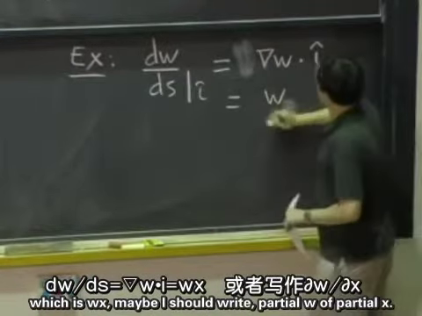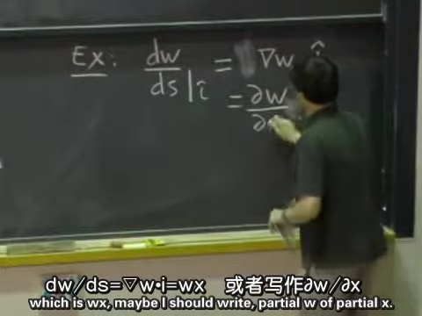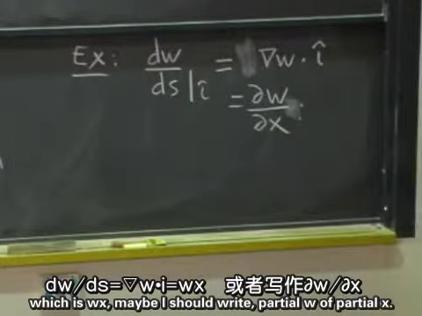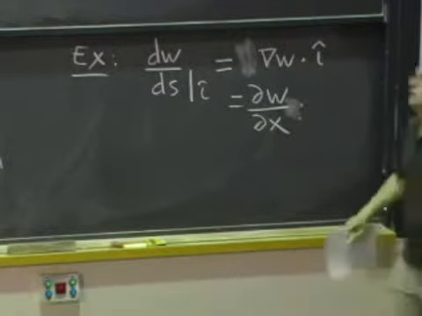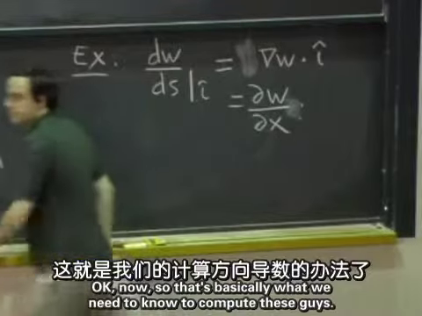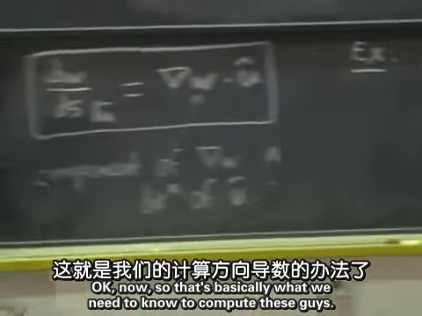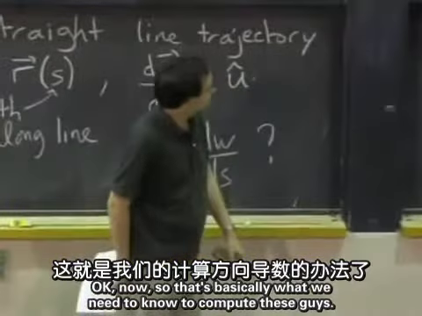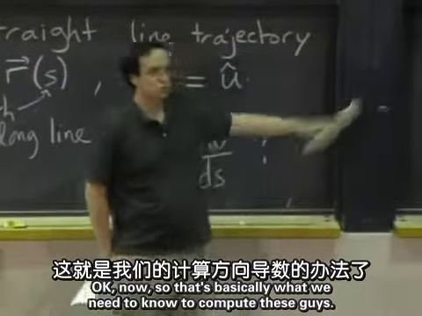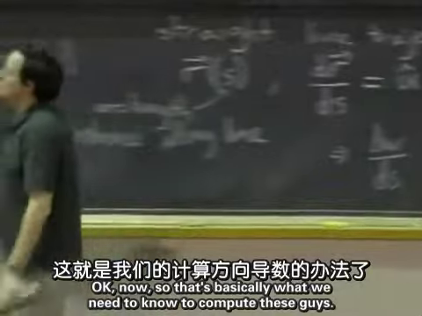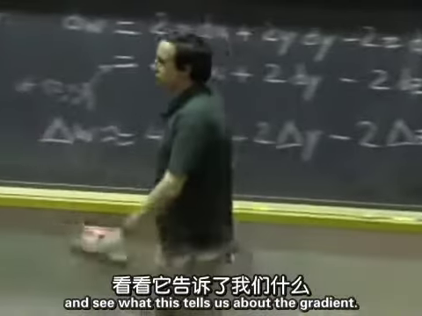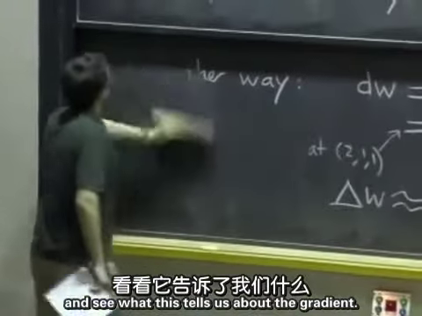Maybe I should write partial w over partial x. Okay. Now, that's basically what we need to know to compute these. So now let's go back to the gradient and see what this tells us about the gradient.